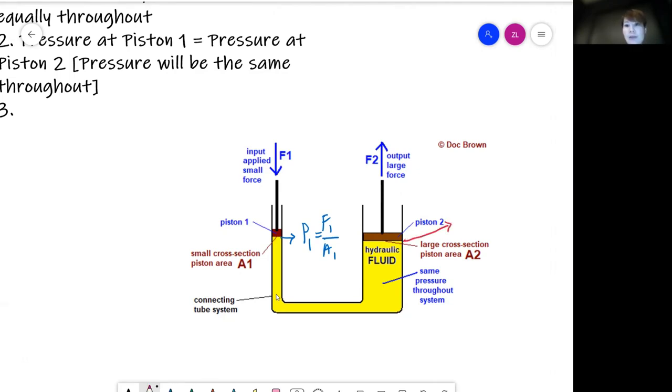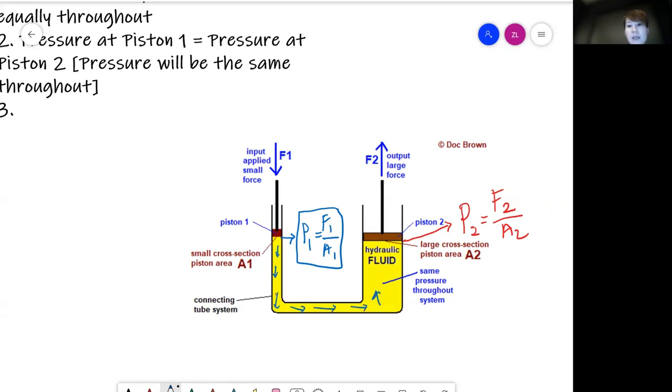Okay, so right over at this point, the pressure, let's call it P2 over at piston 2. So the pressure at piston 2 will be calculated using P equals force over area. So the moment I apply a force over an area, the pressure will start to be transmitted, simply because the molecules are packed close together.